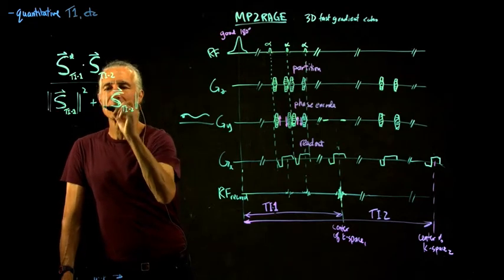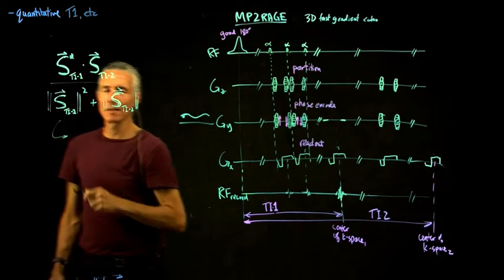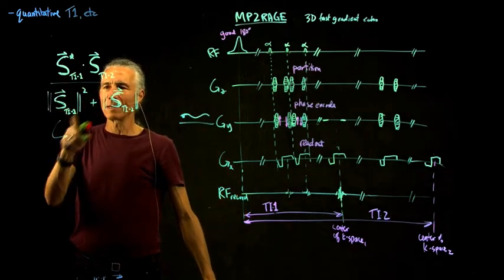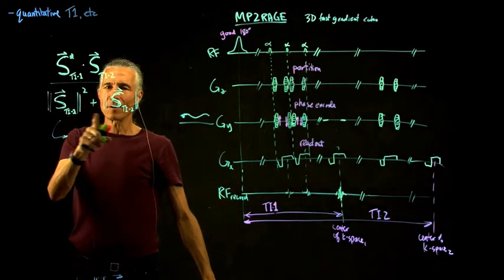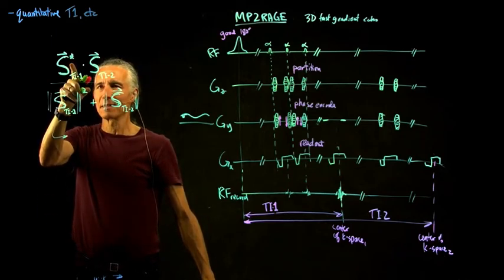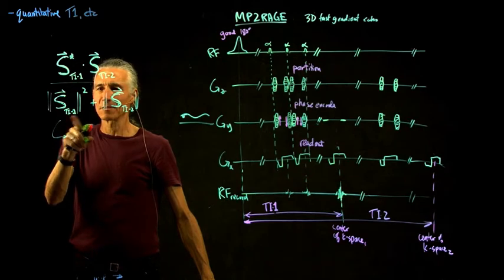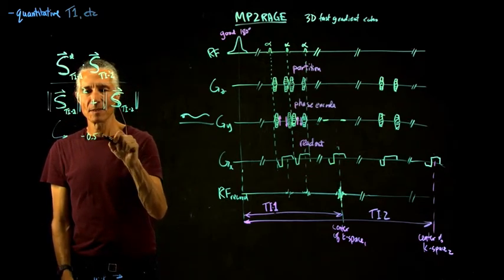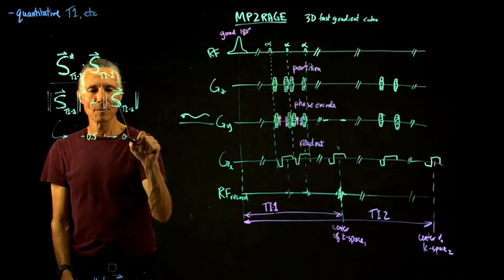When you do that, if you just look at how it works, it's like a times b over a squared plus b squared. This is like signal squared over signal squared. What you're going to get is a number that goes from minus 0.5 to 0.5.